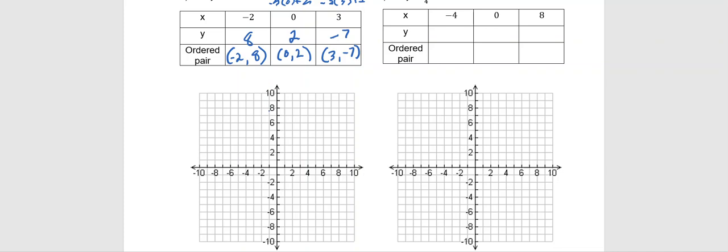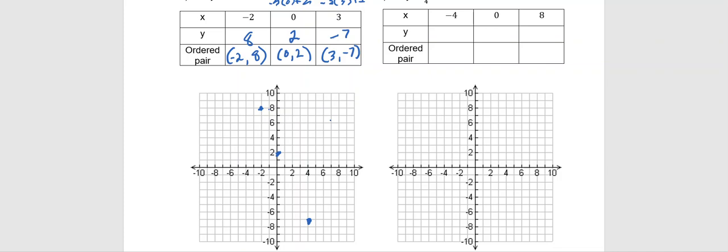We're going to do that again for 0, 2. So I'm not going to go left or right, but I am going to go up 2 spaces. And then one more time, we're going to go 3, that's 3 to the right of the origin, -7, 7 down from there. And we're going to plot that final point.